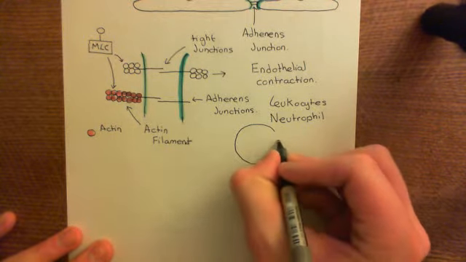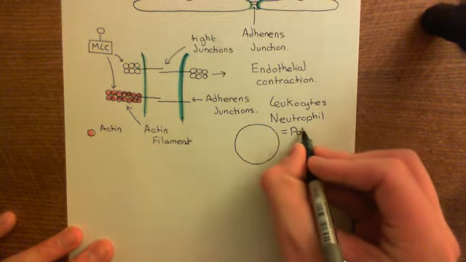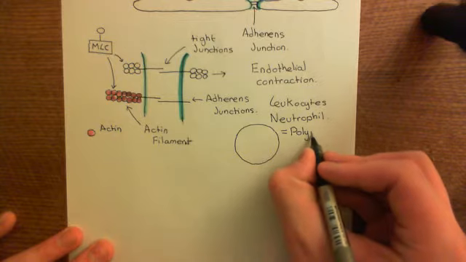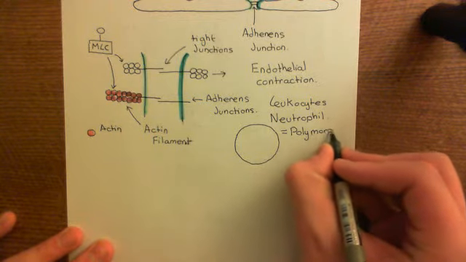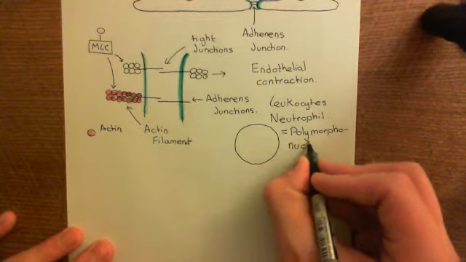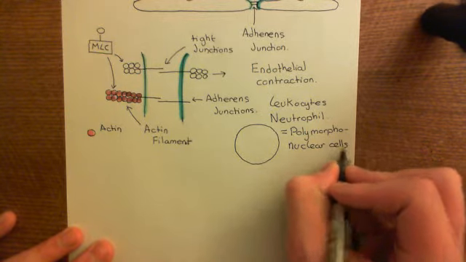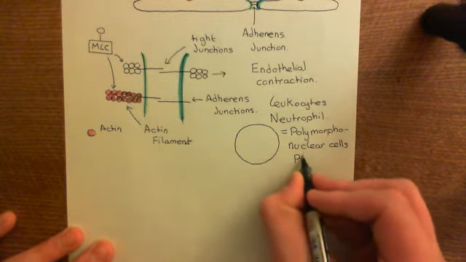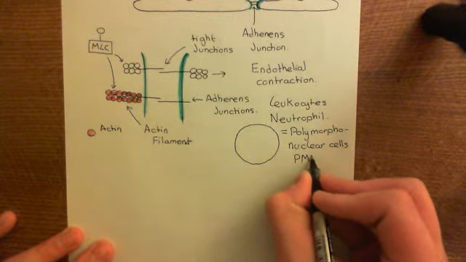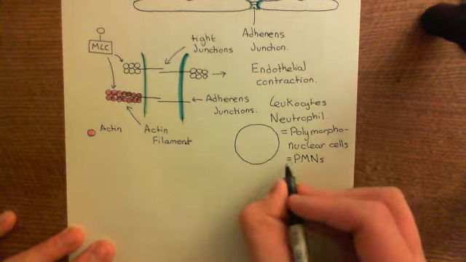Neutrophils are often also known by the name polymorphonuclear cells, or PMNs for short. People often do abbreviate them just to PMNs.